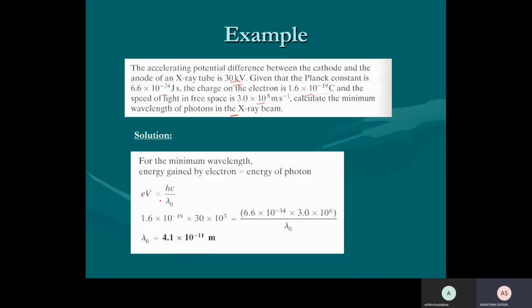The minimum wavelength means we assume the electron makes a head-on collision. One collision happens, so all the eV energy is converted to one single photon. So you get your lambda, the minimum wavelength, the cutoff wavelength in the graph of intensity versus wavelength. So you get the shortest wavelength.